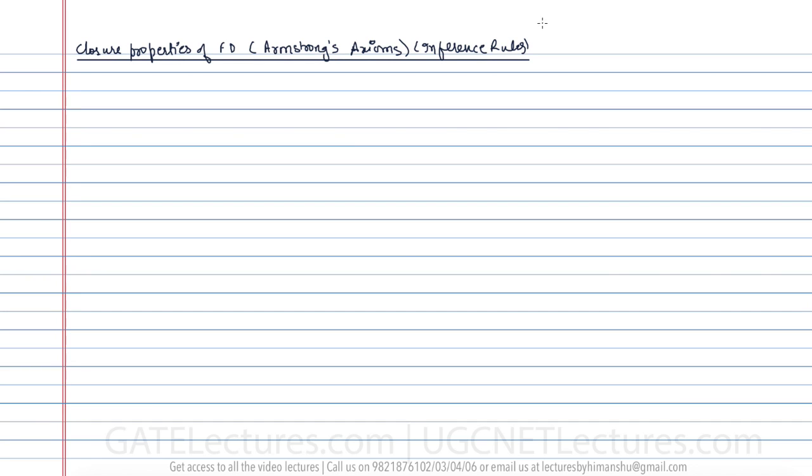So you can say these closure properties depend on... I'm going to define these closure properties on X, Y, and Z, which are sets of attributes in relation R. Let me write the formal things which I'm using.